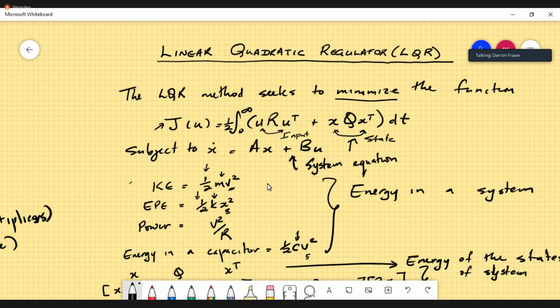So we're not just minimizing the energy, but we're minimizing energy that has to obey the equation of the system. So that is why it is subject to x dot equal Ax plus Bu.